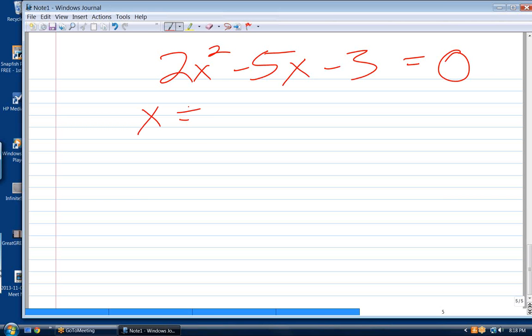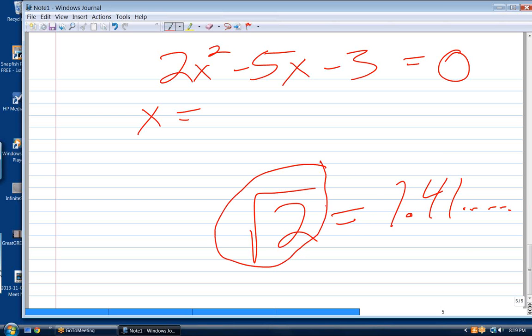I'm chuckling because you reach a level in math where you stop converting irrational numbers to decimals. Just because it's more accurate to say square root of 2 than it is 1.41 blah, blah, blah. I can express that number exactly by saying that. When I express it like that, I'm not approximating it.